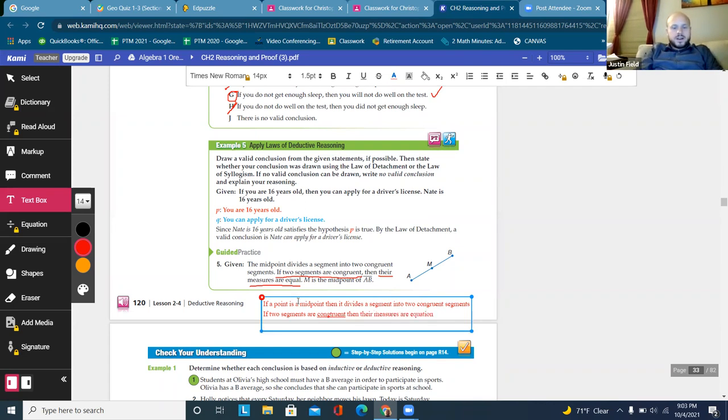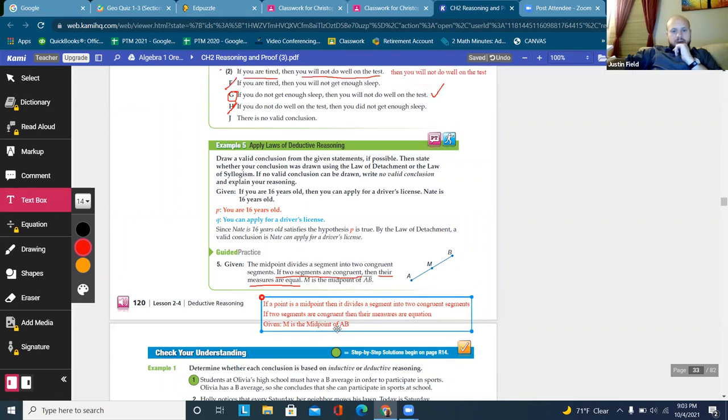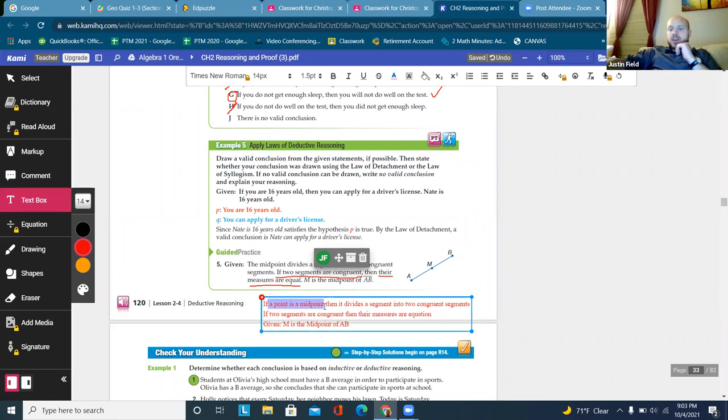All right, given M is the midpoint of AB. Okay, so M is the midpoint of AB. So that is our original hypothesis. A point is a midpoint. So we can draw the conclusion using the law of detachment that it divides a segment into two congruent segments.